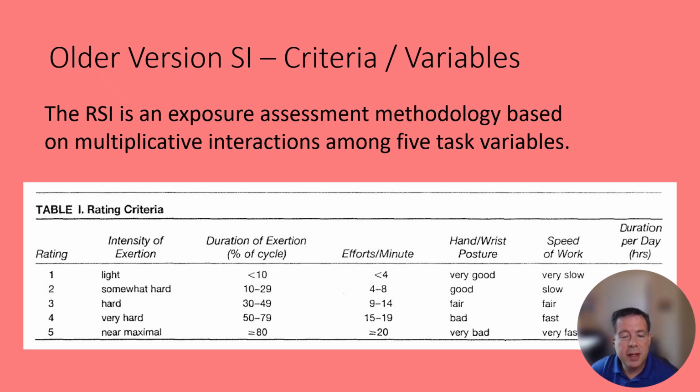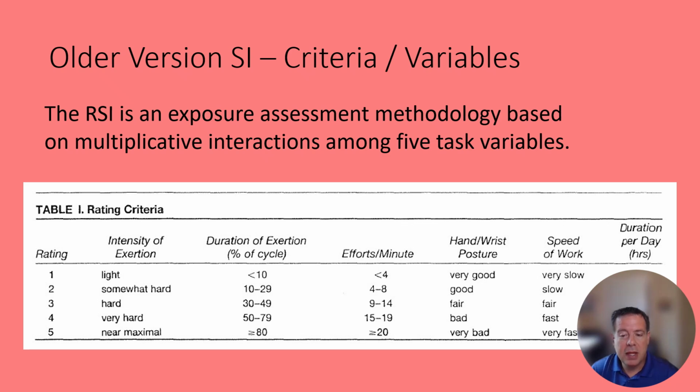So the strain index, at least the old one, let's look at all six factors. We have the intensity, so how much force the worker is using. We could go from light to near maximal at 100%. Duration of that cycle, so fewer than 10 or more than 80 repetitions. Again, the efforts per minute as well as the hand posture.